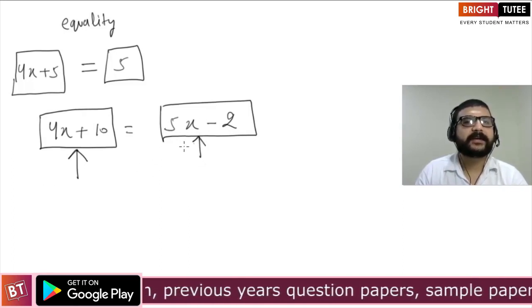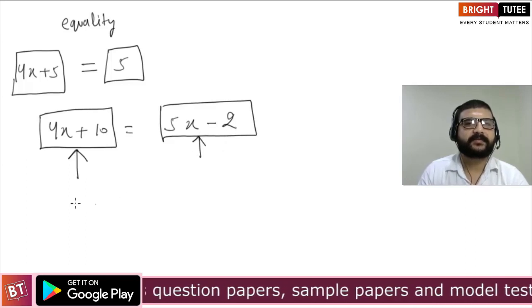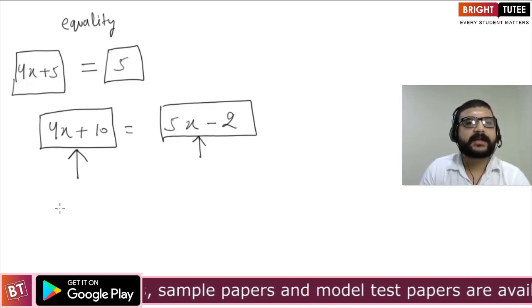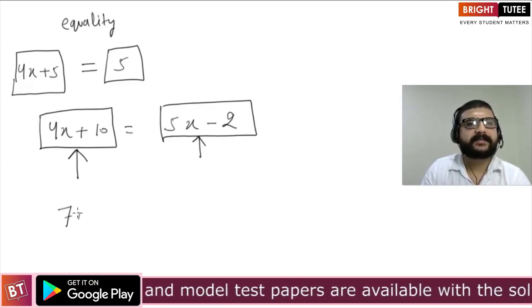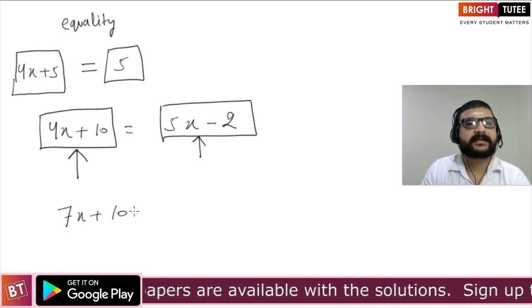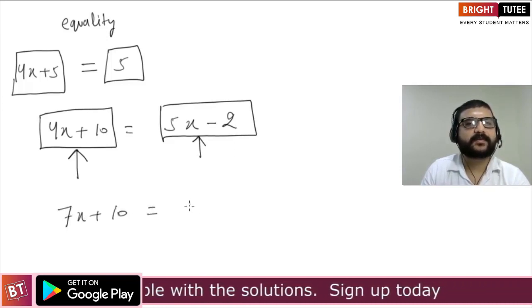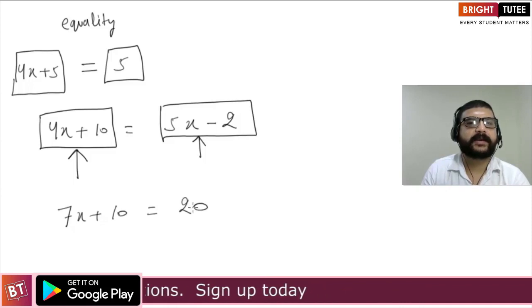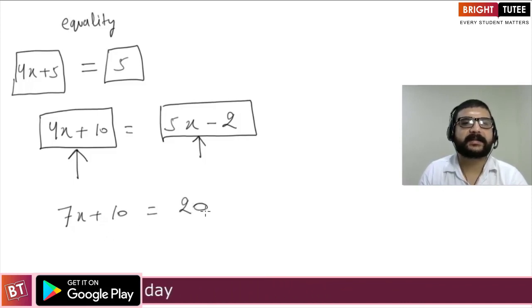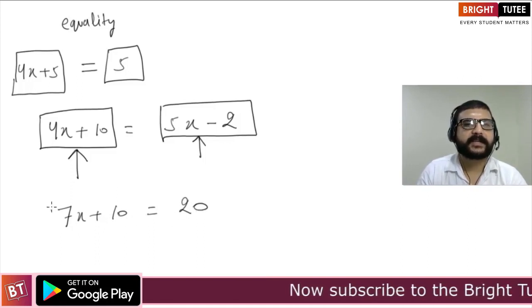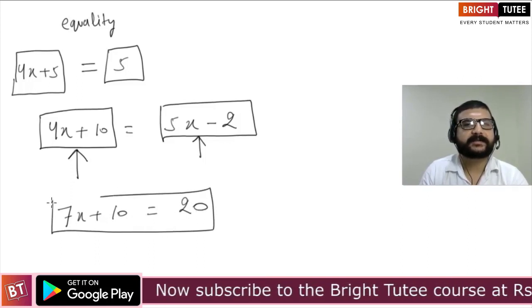Usually we have constants on the right side of the equation. So usually our equations look like this: 7x plus 10 is equal to any constant number, which can be 20, or we can have any other number here. It depends upon the situation. So this is also one equation.